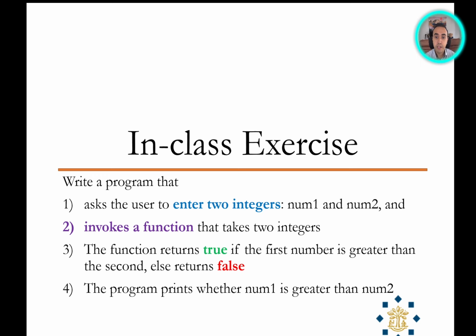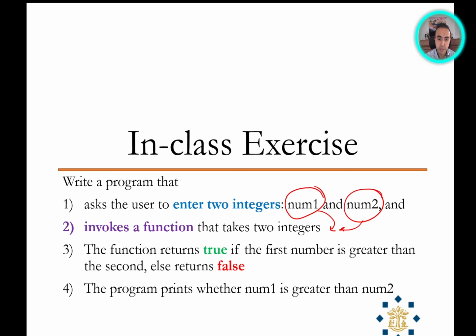All right, so we have an in-class exercise. We were asked to write a program that asks the user to enter 2 integers, okay? So the user's answers are num1 and num2. And then we are going to invoke a function that takes these 2 integers.